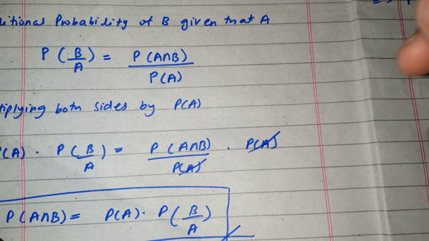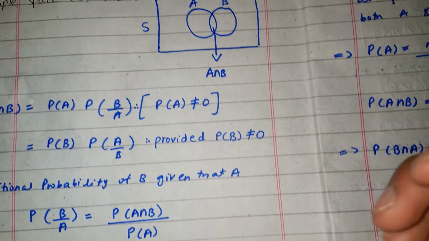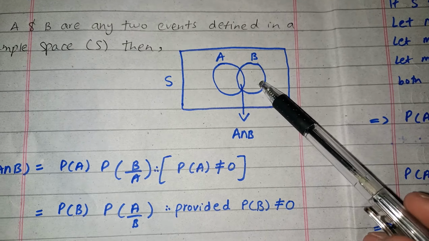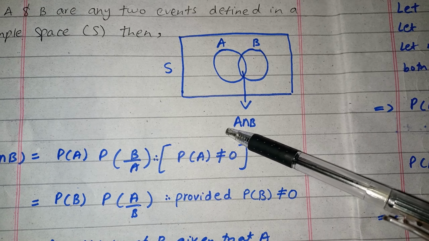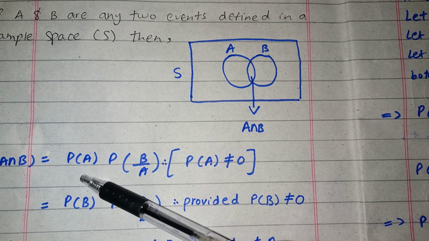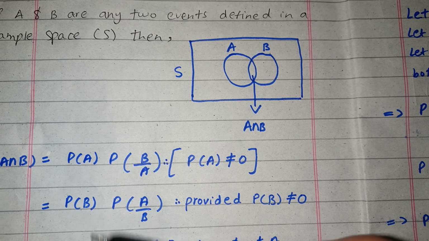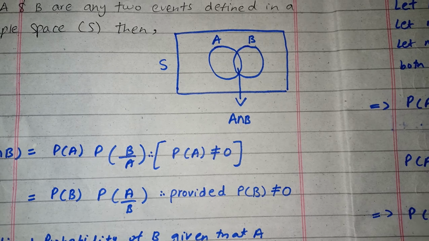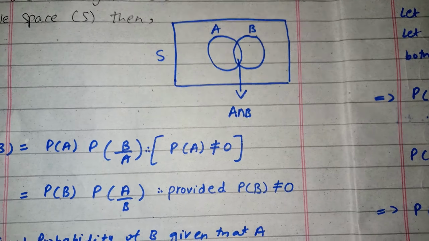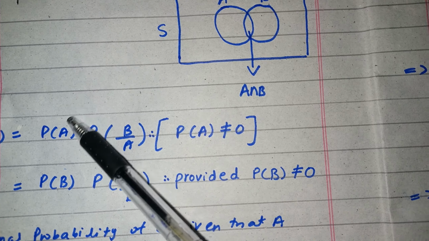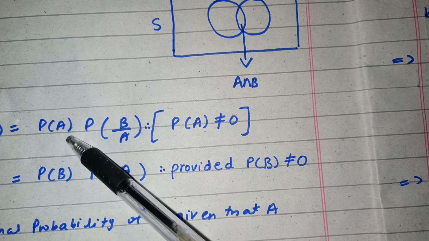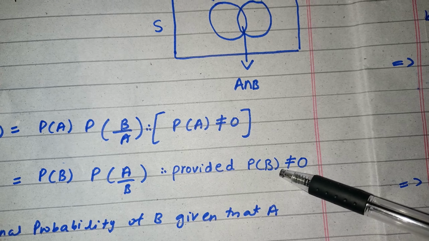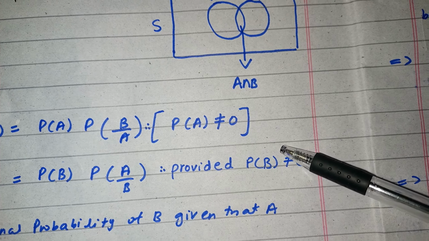This is as simple as saying that A and B are two sets and they have something in common. We say A intersection B, in which there is probability of A, and whenever there is an intersection, we divide, like probability of B given A. Then we can exchange A with B and B with A, and here probability of A can never be 0, and same here, probability of B can never be 0.